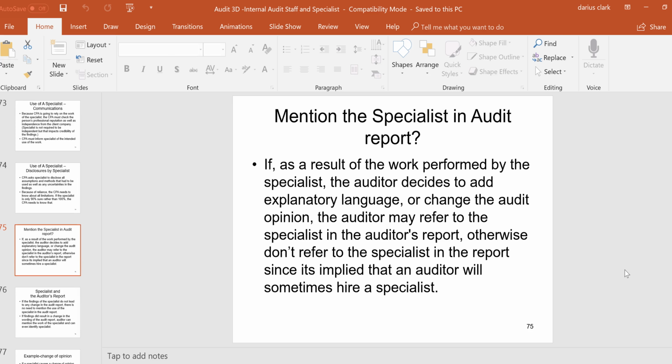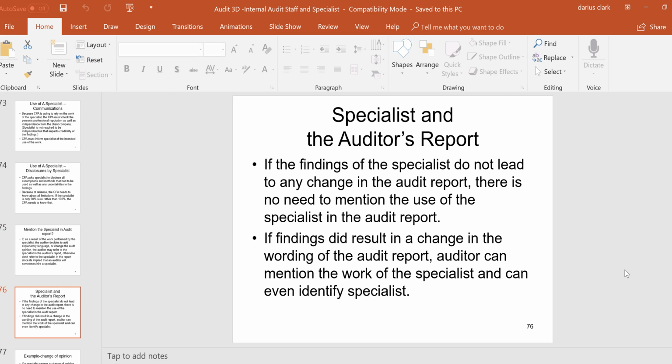Now, do we mention the specialist in the audit report? If, as a result of the work performed by the specialist, the auditor decides to add language or change the audit opinion, the auditor may refer to the specialist in the auditor's report. Otherwise, don't refer to the specialist in the auditor's report, since it's implied that an auditor will sometimes hire a specialist. So what are we saying on 76?